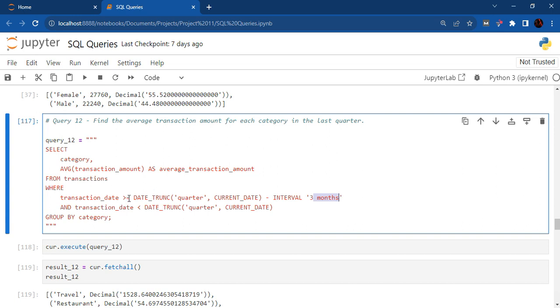The transaction date is older than the current date. Sorry, we added 3 months to it. What it means is that the transaction date should be greater than or equal to this, and the transaction date should also be less than this.